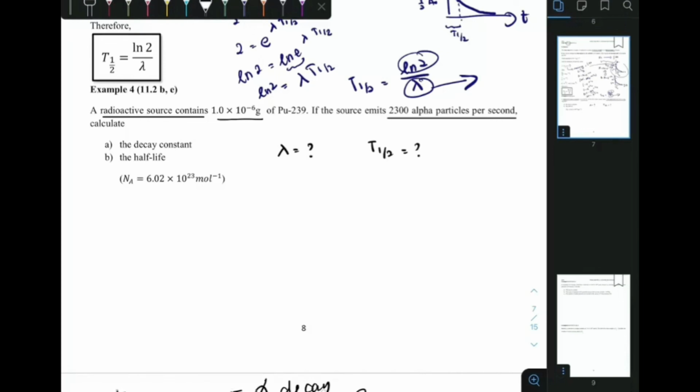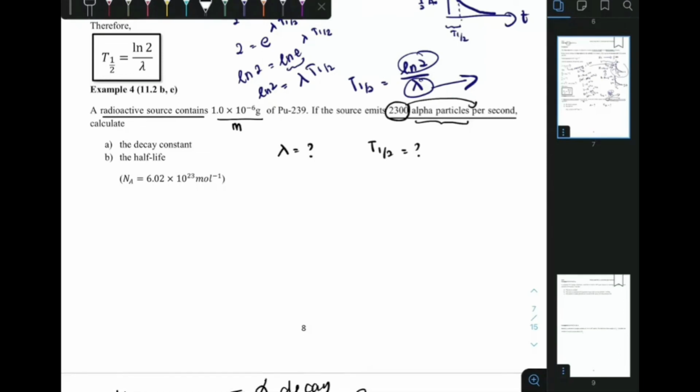Okay, apa yang dia bagi dekat sini adalah mass dekat sini. Mass of the initial Pu239. Lepas tu dia undergo alpha decay sebab dia akan emit alpha particles. Dan dia kata dia emit 230 particles per second. So maksudnya ini adalah kamu punya dN over dt.